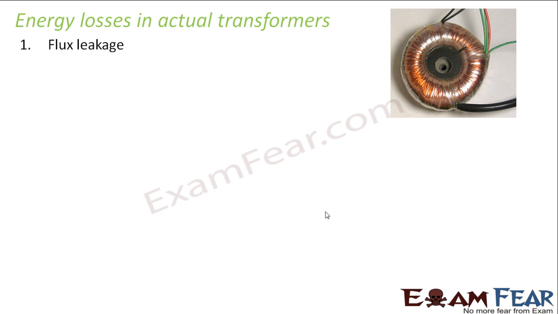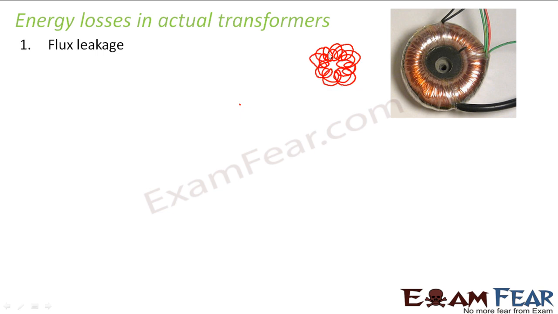So how can we prevent this? One way of preventing this is to wind the secondary coil over the primary coil. For example, if you look at these toroidal transformer cores, these are finding their application these days. People prefer toroidal transformer cores because in the toroidal cores, let us suppose this is the primary coil and then you have the secondary coil wound above it.